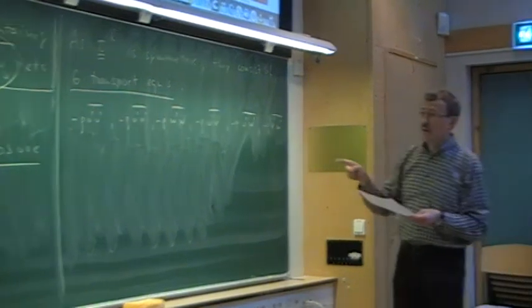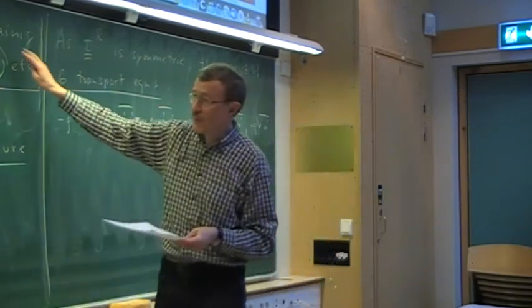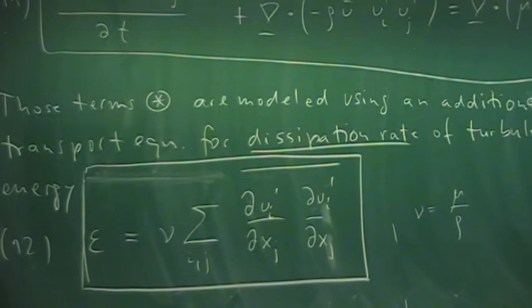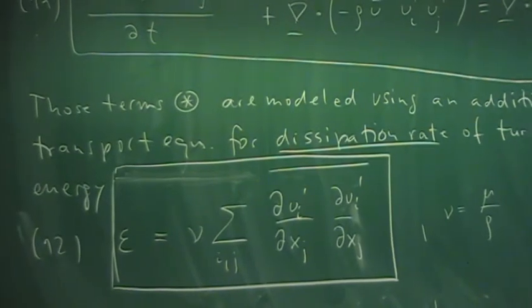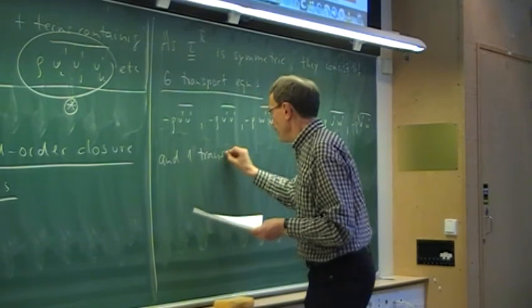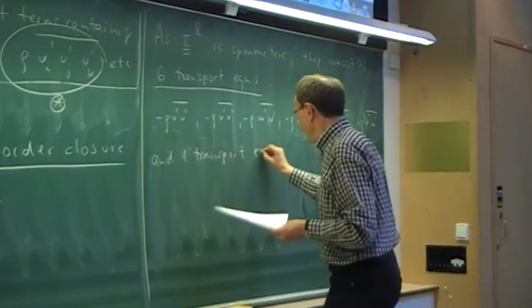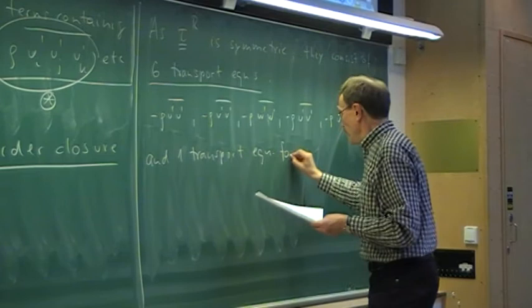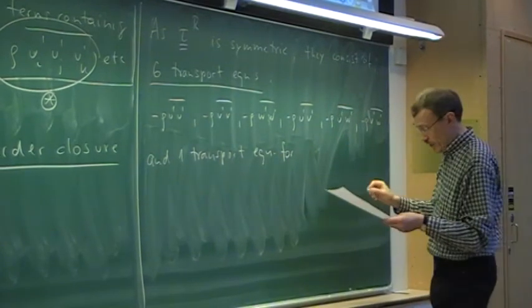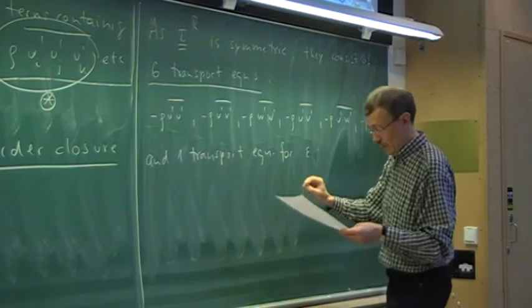And in addition, because of the closure, we need to solve the transport equation for epsilon. And that is one transport equation for the dissipation rate of turbulent energy, epsilon.